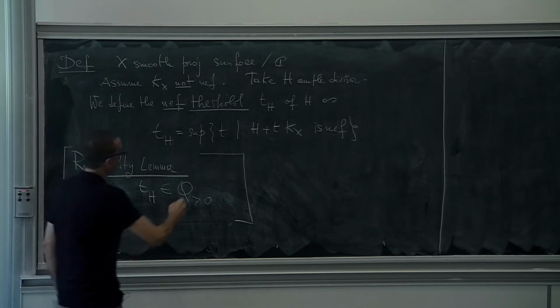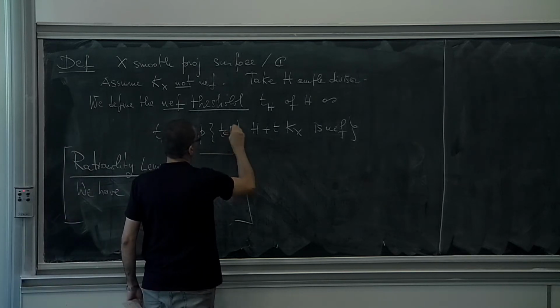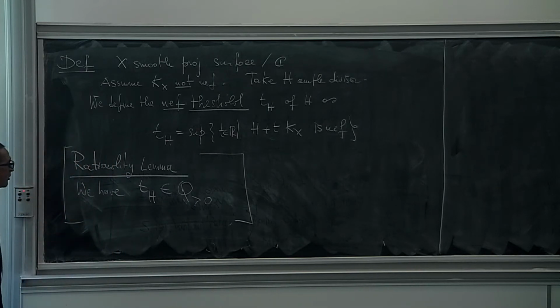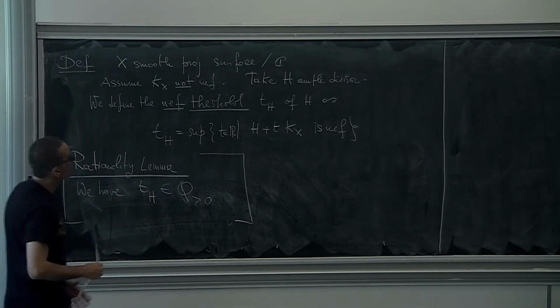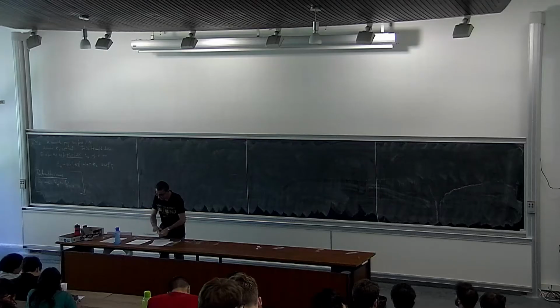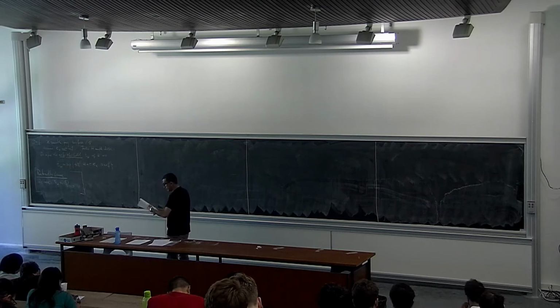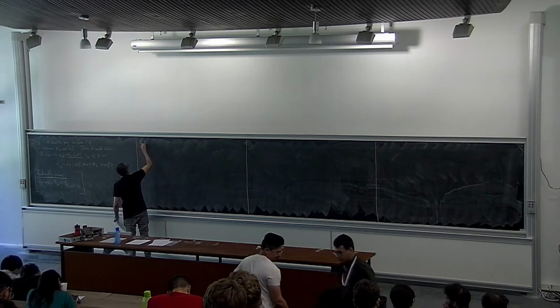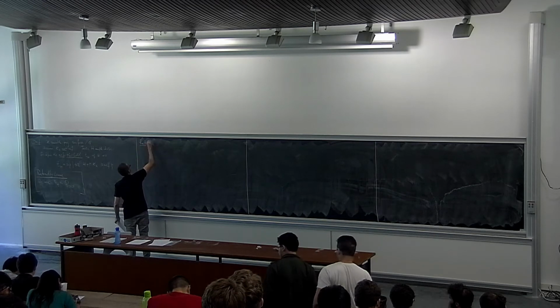So this is in R a priori, but actually in this situation this is a positive rational number. Okay, what is the interpretation of this threshold? Geometric remark. Before the proof, let me give a remark. Geometric interpretation.